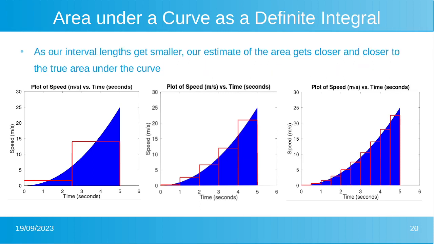As our interval lengths get smaller, our estimate of the area from the sum of the areas of the rectangles gets closer and closer to the true area under the curve.